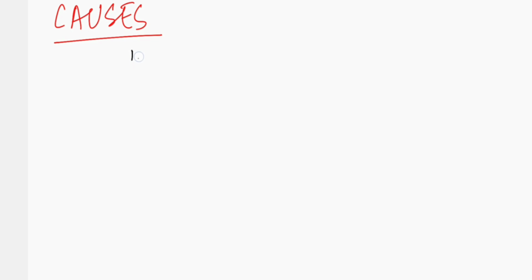Now coming on to the causes. The number one cause is fetal malformation. Then we have genetic abnormalities.